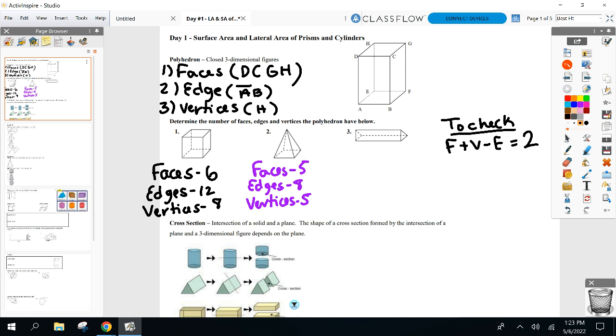I have no idea why. 6 plus 8 minus 12. 5 plus 5 minus 8. Unbelievable. Leonard, beast.